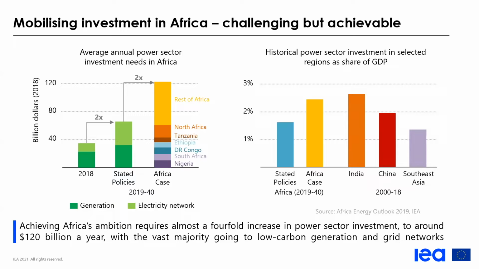And from a second point of view, we have observed that this is less than what India has done over the past two decades, and similar to what China has also accomplished over the same period. So we think that mobilizing investment in Africa is challenging, we all know that, but we think that this is achievable, and this will bring many benefits, such as universal access to electricity, and especially a more vitalized and dynamic economy in general.